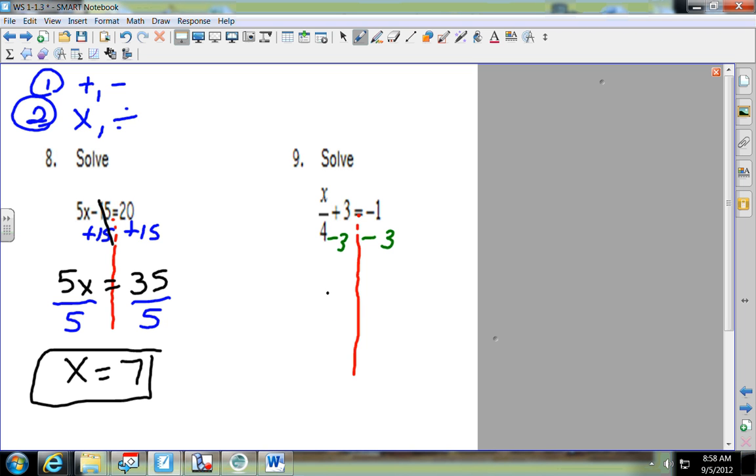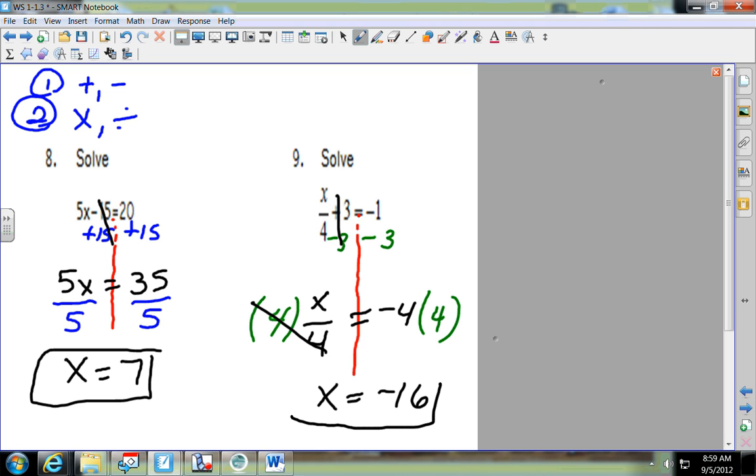X divided by 4 equals, because these cancel, negative 1 and negative 3 is negative 4. The opposite of divide is to multiply each side by 4. These will cancel out. X equals negative 16.